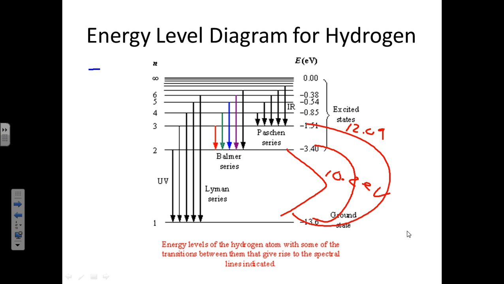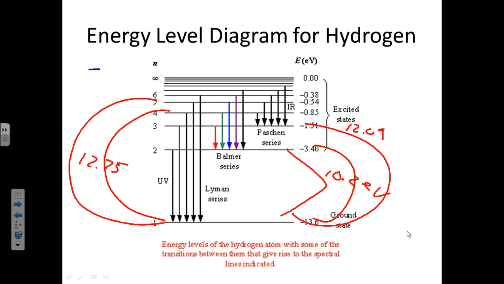We also can calculate the difference between here and here. So negative 0.85 plus 13.6, 12.75. We could also do it from here to there. Negative 0.54 plus 13.6, and that's 13.06.